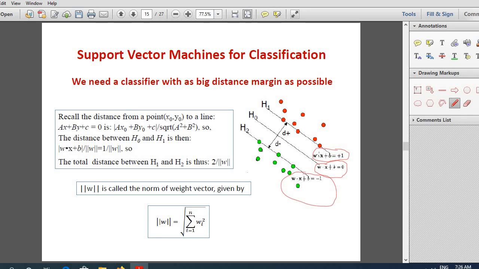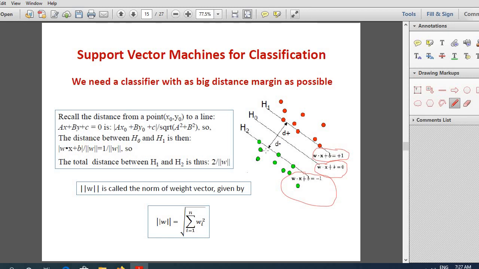What this means is that during classification the function has value plus 1 for all the support vectors belonging to red, and for all the support vectors belonging to green you give the value minus 1.